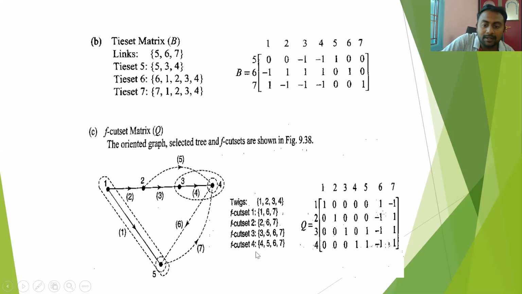The fourth one is associated with 4, 5, 6, 7. For the fourth direction, 5 follows the same, 6 opposing, 7 follows the same. So if the direction is the same we place plus 1, opposing means minus 1. Hope you understood, guys. Thank you. Have a nice day.